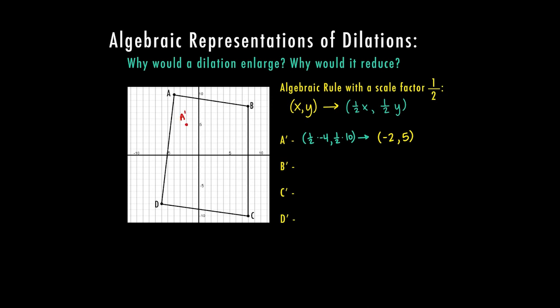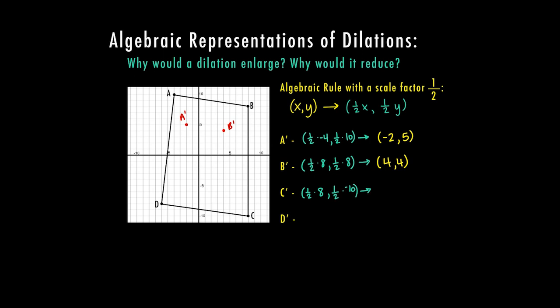So we'll go to the B position. I'm going to take half of my x, which is 8, and half of my y, which is also 8. So my new point for my B prime is (4, 4). And I can go ahead and label those on my graph. For C prime, I'm going to take half of 8 and half of -10.